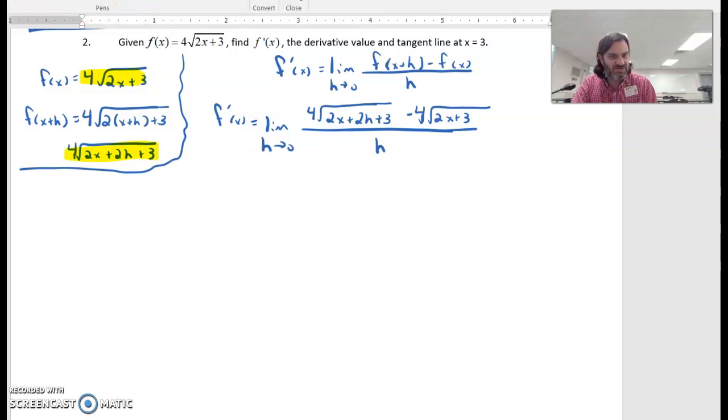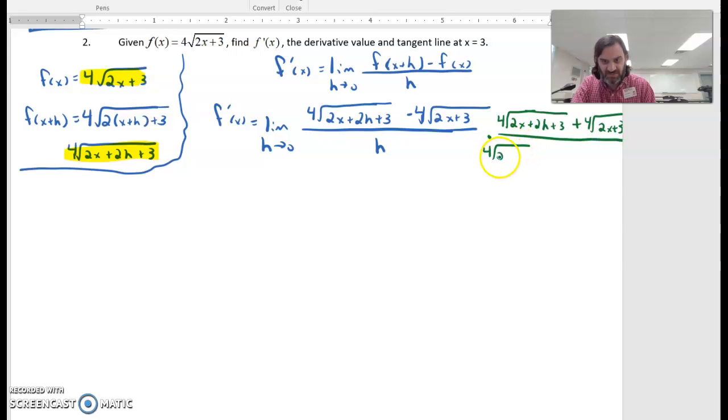So we're going to write a conjugate here. We're going to multiply top and bottom by 4 times square root of 2x plus 2h plus 3 plus 4 times the square root of 2x plus 3. I got to remember to stay away from the edge there. So I do the same thing on the bottom. By using the conjugate, I'm going to create a difference of squares.